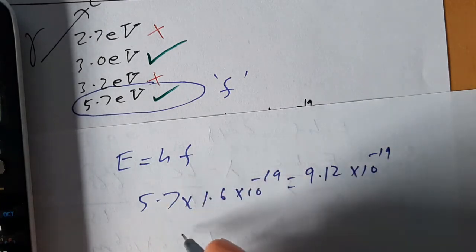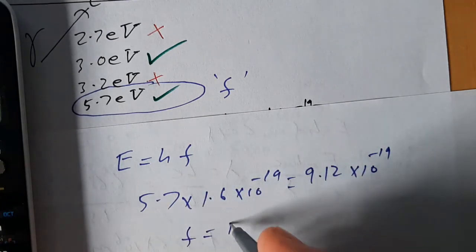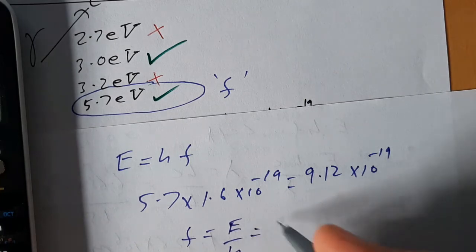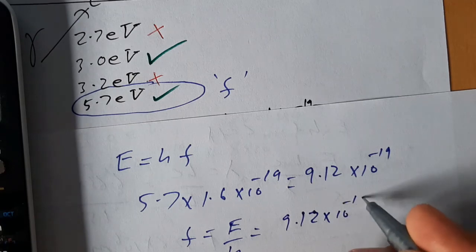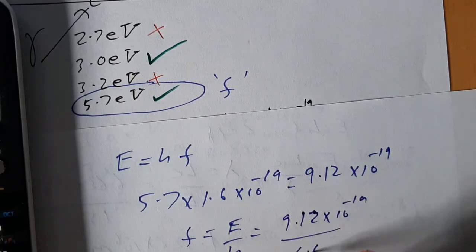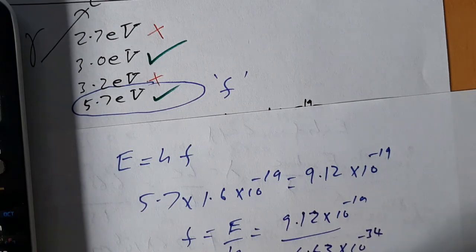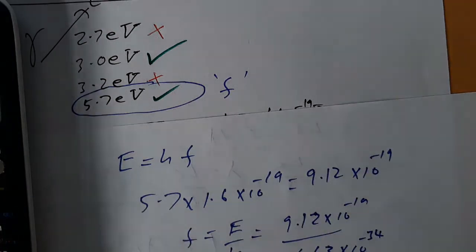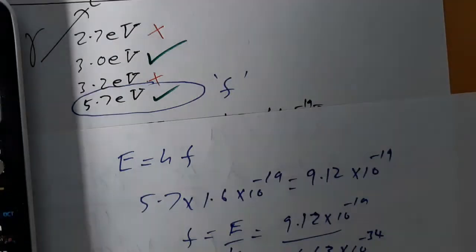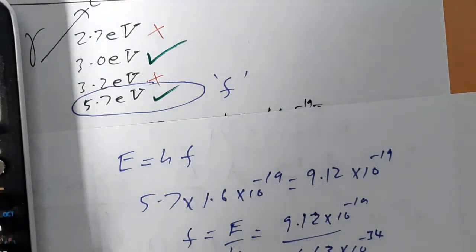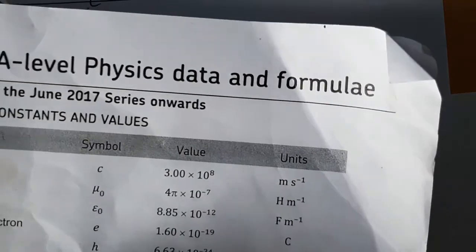I'm going to rearrange separately now, so F is equal to E over h. So we've got 9.12 times 10 to the minus 19 over 6.63 times 10 to the minus 34. Just having a panic now about whether that's right on the data sheet as well. If I put it wrong, so always best to check. Yeah, it is 6.63.